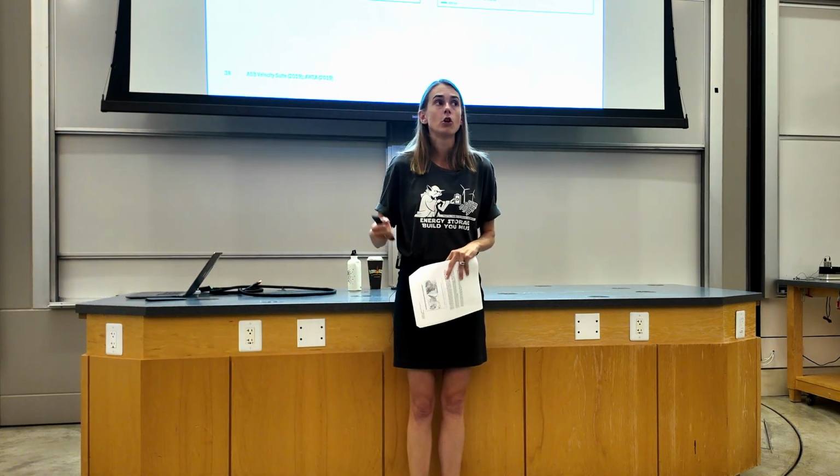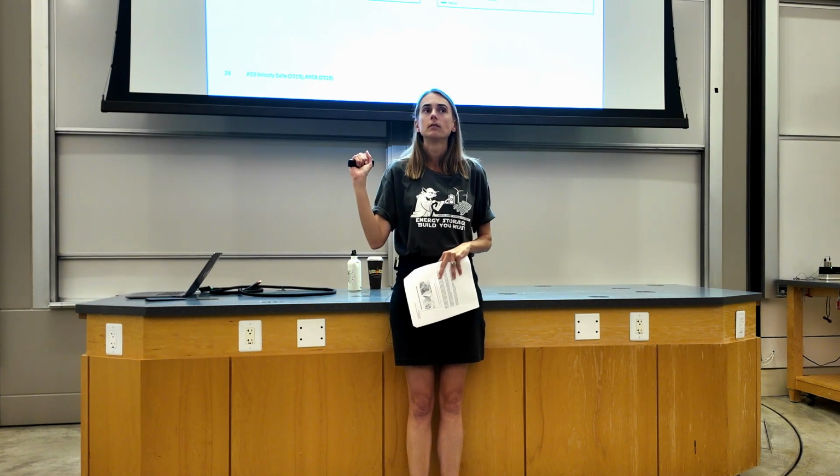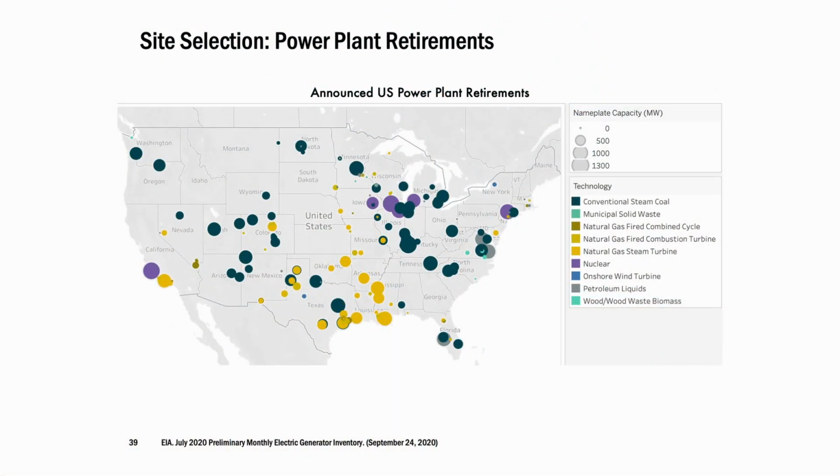And then the third option is to target areas where power plants are actually going to retire and open up capacity on existing transmission lines. We're seeing a lot of retirements of thermal generation in the US. Some really big power plants are opening up large amounts of capacity.